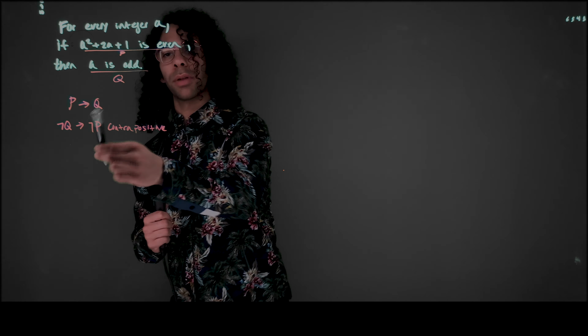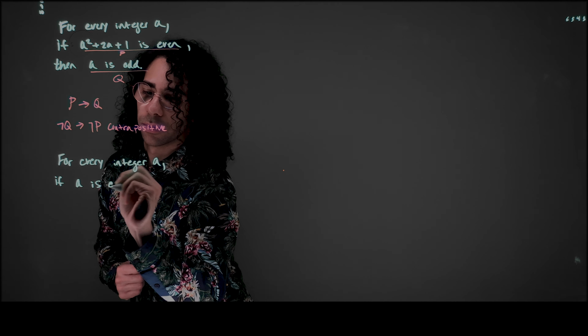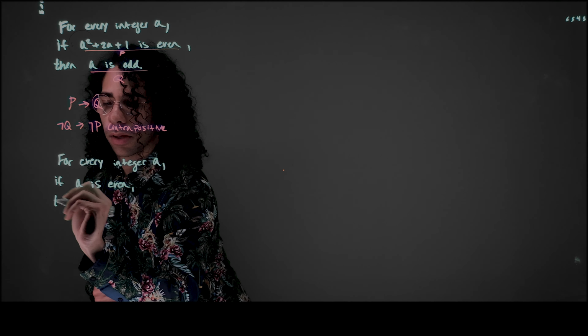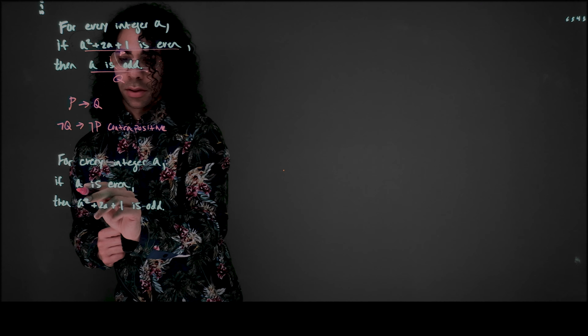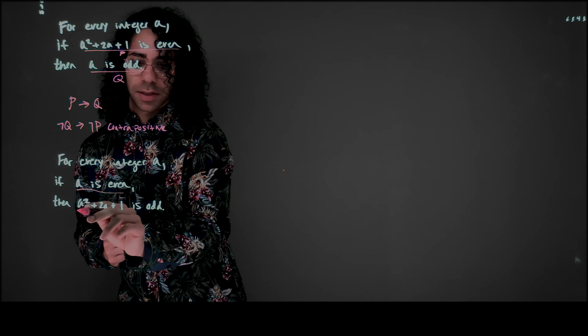And this can be written as: for every integer a, if a is not odd, also known as even, then a squared plus 2a plus 1 is odd.